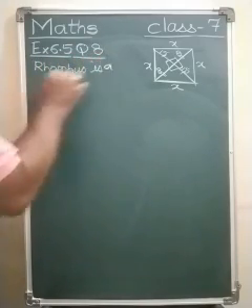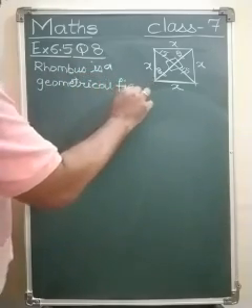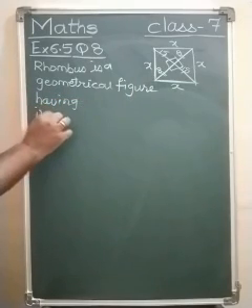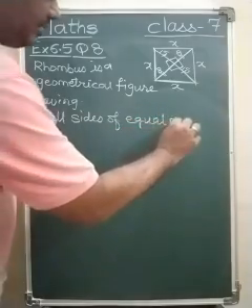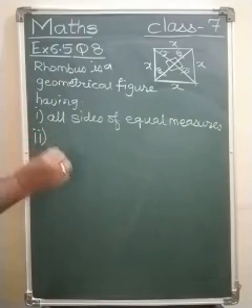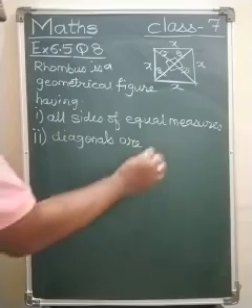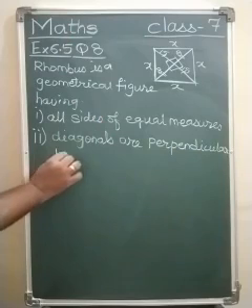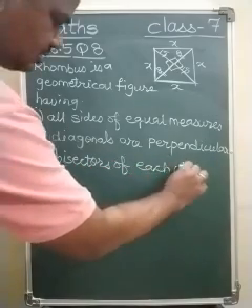Rhombus is a geometrical figure having all sides of equal measures, and second, diagonals are perpendicular bisectors of each other.